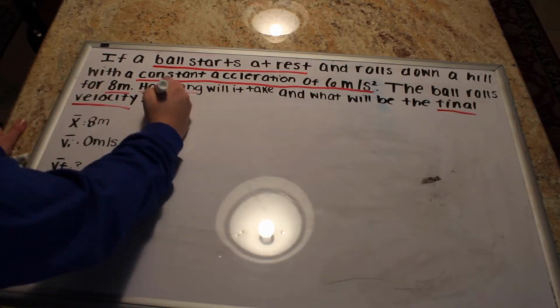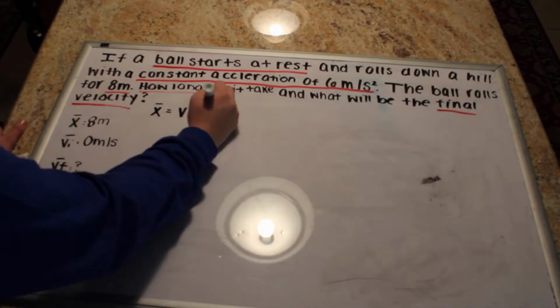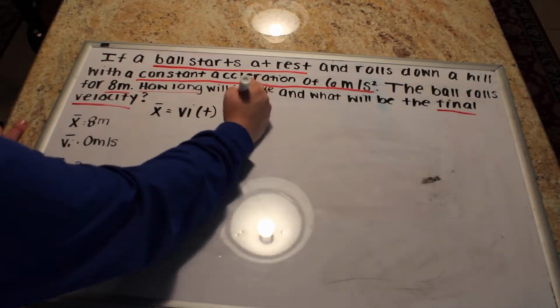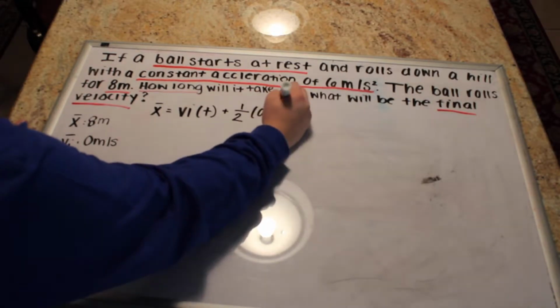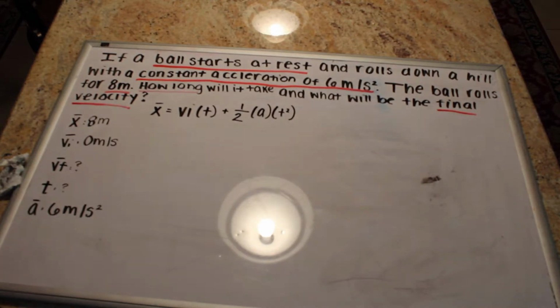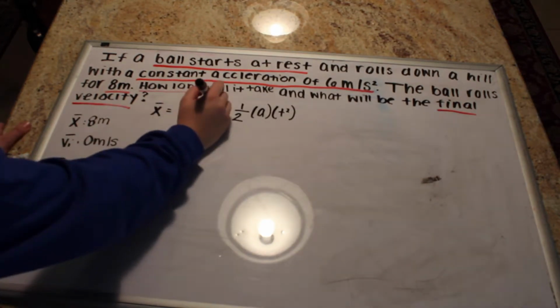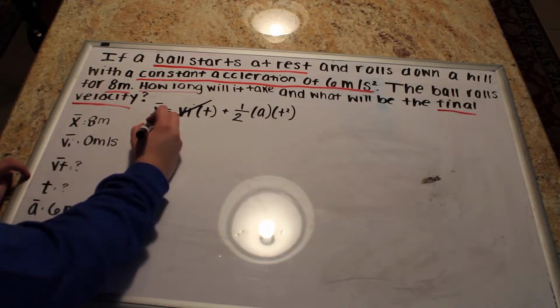Displacement equals initial velocity times time plus 1/2 times acceleration times time squared. I can cross out the first part of the equation because anything times 0 is 0.